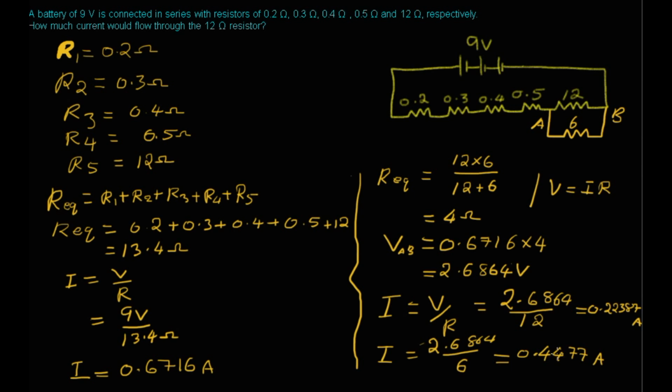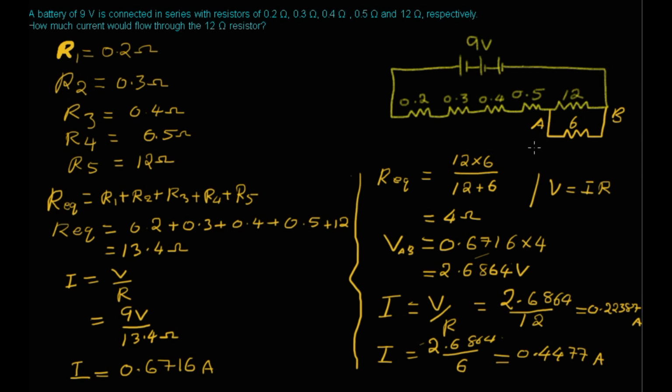The current through the 6 ohm is greater than that of 12 ohm, because when resistance increases, current decreases. Now when we add these two, 0.22387 and 0.4477, it is equal to the total current that we already obtained, 0.6716.